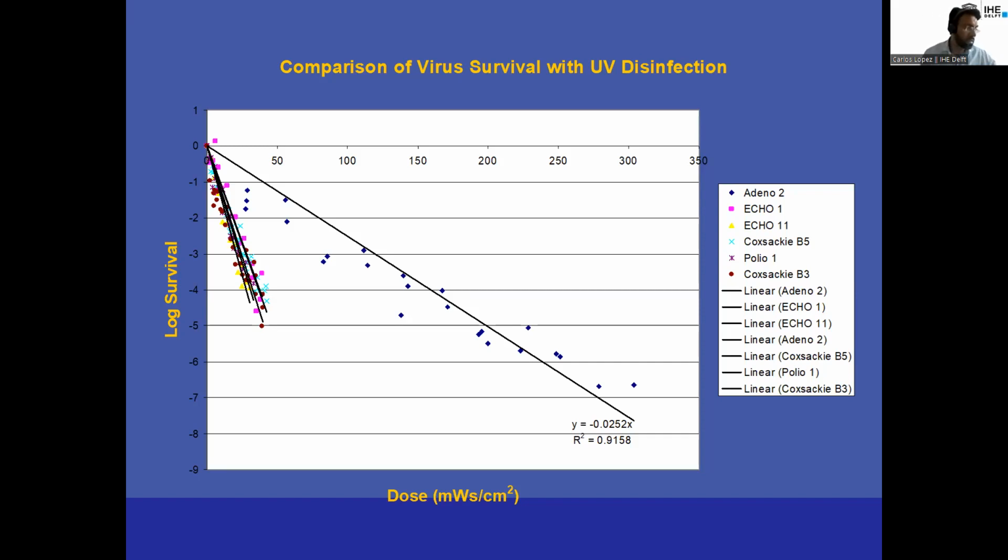One log means that the system is disinfected by 10 times. So this is 10 times, 100 times, 1,000 times, 1 million times, etc. of the number of elements disinfected.